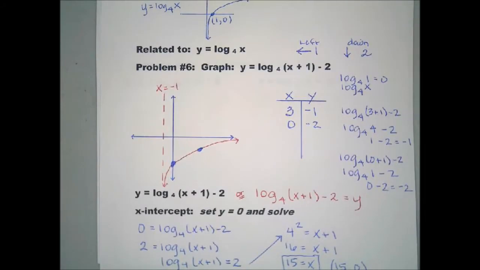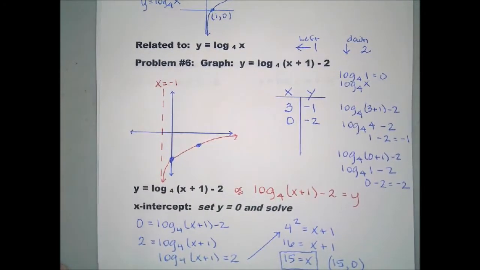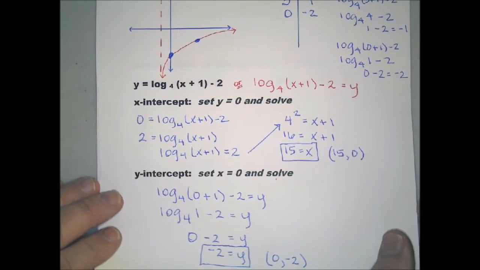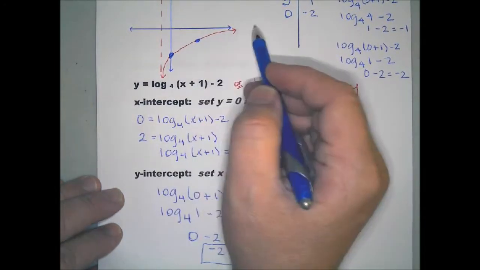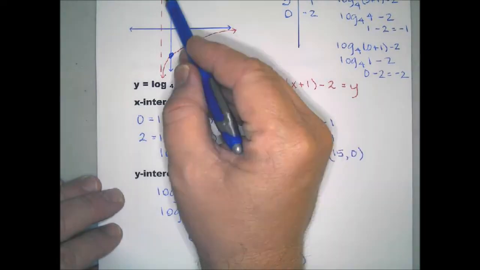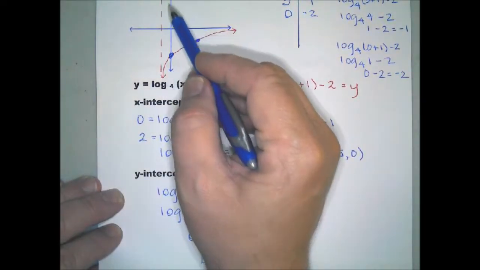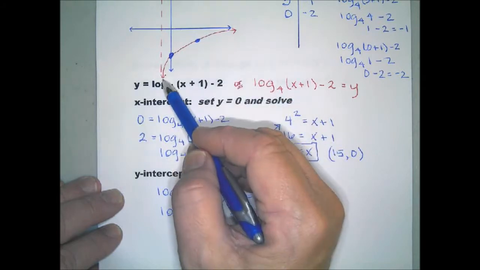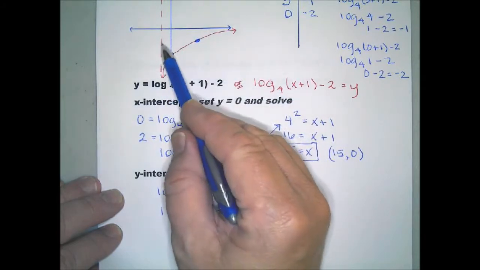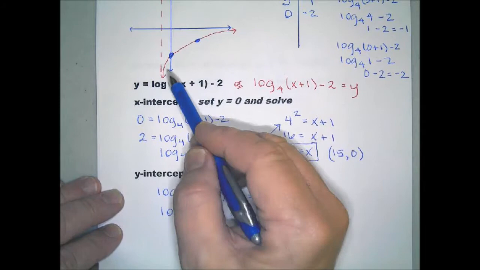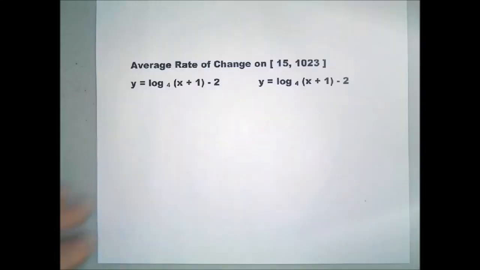Okay, some more questions about this particular problem. What's the domain of this problem? What values of x are used in this graph? Well, remember, the vertical asymptote happened right here at x equals negative 1. So it's all the values to the right of negative 1, but not including negative 1.